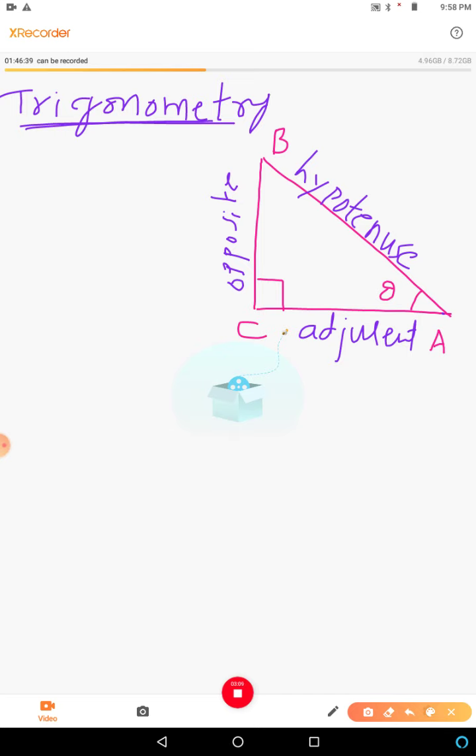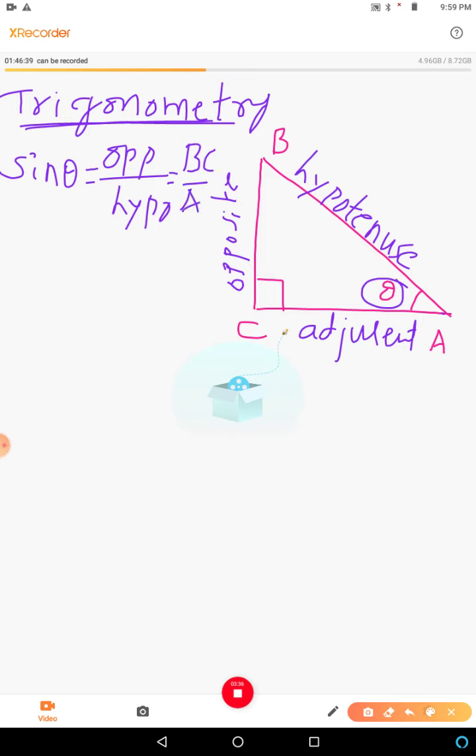The sine function, sine of angle theta, will be equal to opposite by hypotenuse. Which is opposite here? Opposite is BC, divided by hypotenuse AB.